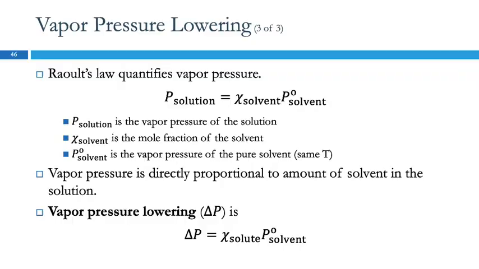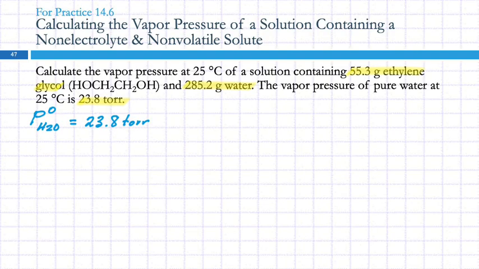So then we want to use this equation right here. So we need the mole fraction of the solvent, and we were given the partial pressure or the vapor pressure of the pure solvent. So the equation we're going to use is P solution equals mole fraction.